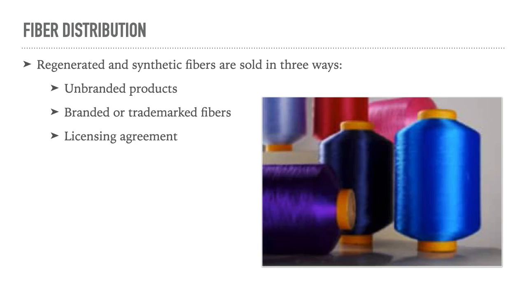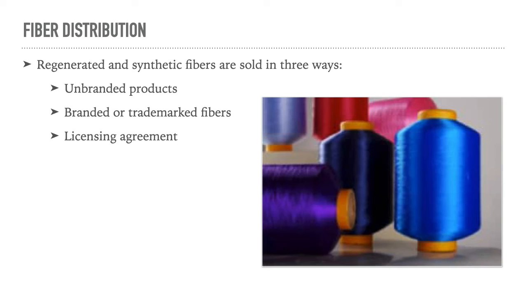Fiber distribution. Regenerated and synthetic fibers are sold in 3 ways: as unbranded products, as branded or trademark fibers, and via a licensing agreement. When sold as unbranded products, there are no restrictions on the end use.